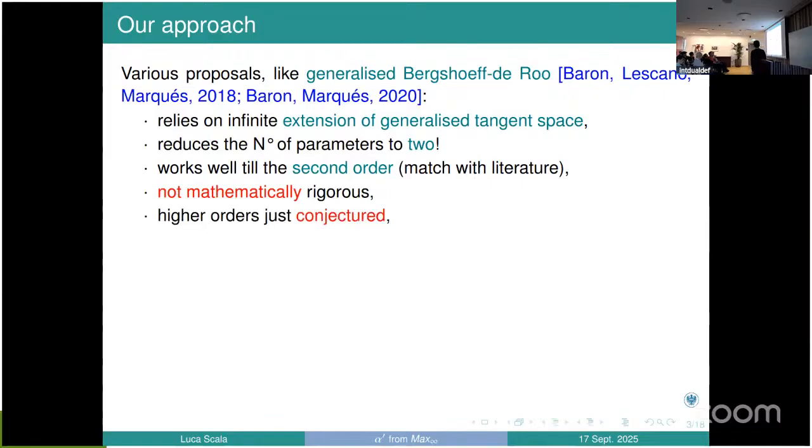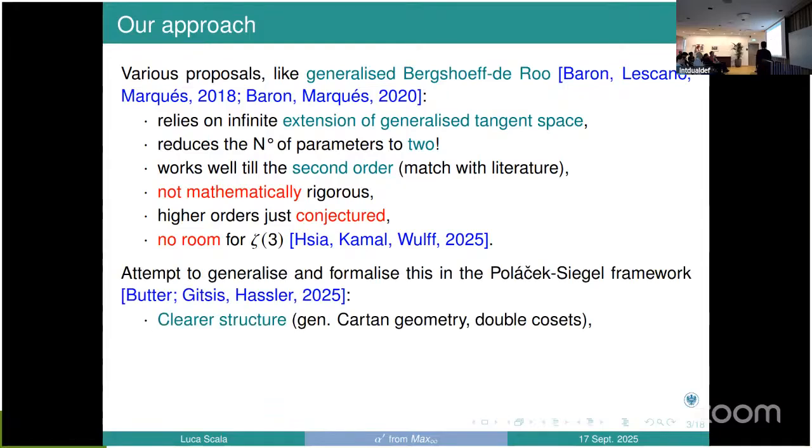Higher orders were just conjectured. And furthermore, there is apparently no room for zeta-3 kinds of corrections or higher corrections. This is a nice no-go theorem stated this year by Siakamal and Linus that also applies to this formalism.